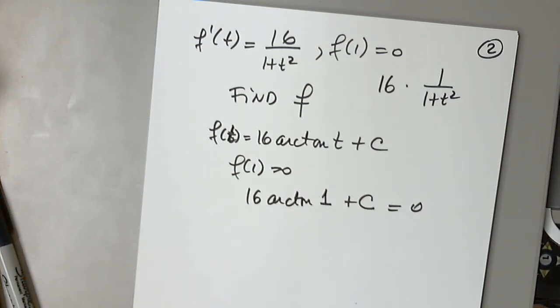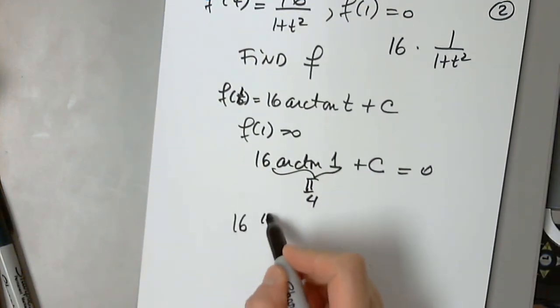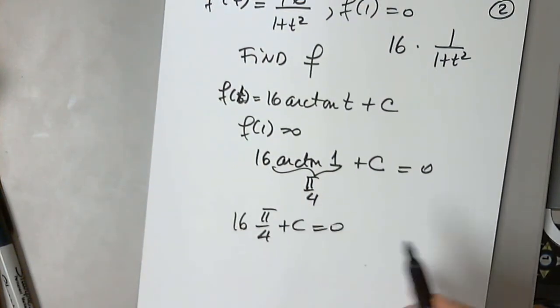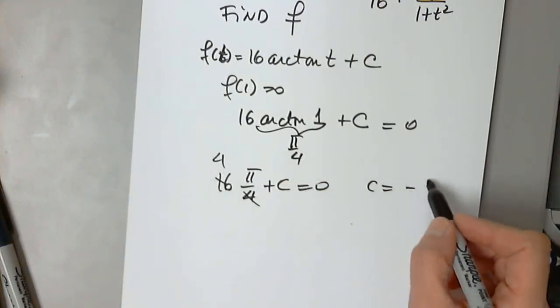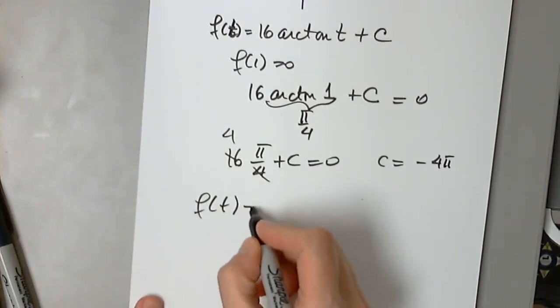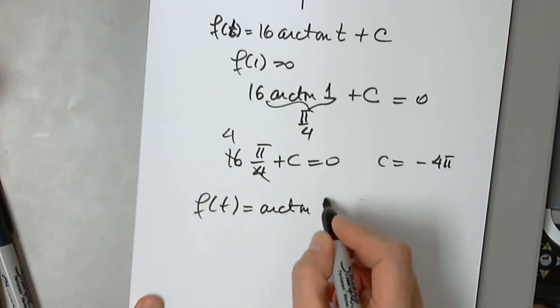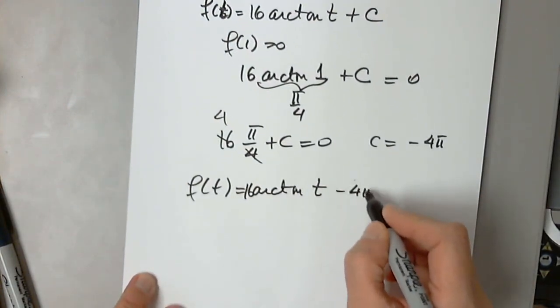Pi over 4, thank you. So this is 16 pi over 4 plus c equals 0. I'll simplify, so I get that c equals negative 4 pi. That's all I need. So now I can go back and rewrite the function with negative 4 pi. So f of t equals 16 arctangent t, of course I forgot the 16 in front, my apologies, minus 4 pi.